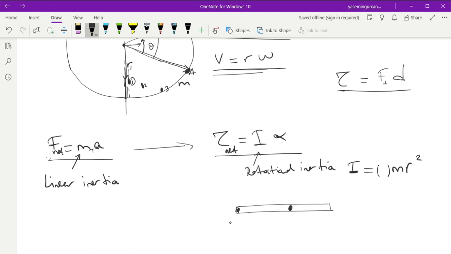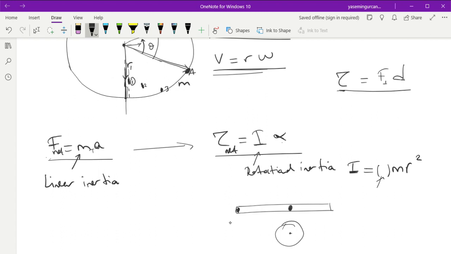So how the mass is distributed around the center of rotation matters. Let's say this stick is 100 grams. Take a 100 gram disc shape object and try to rotate it at the center. The resistance to the rotational acceleration of this object is different than this object because mass is distributed around the center of rotation differently. And that basically comes into play as a constant in front of here.